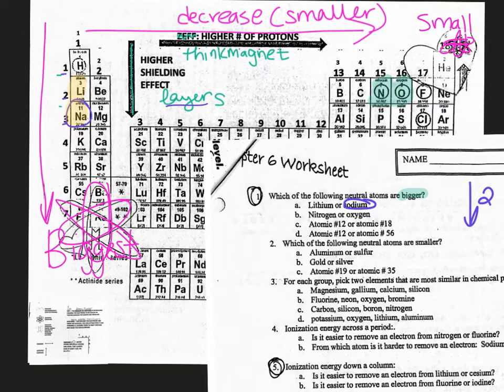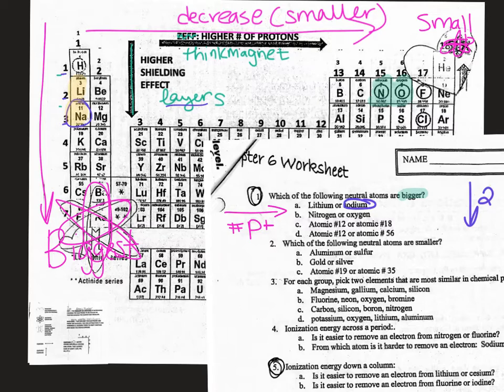These two, nitrogen and oxygen, are talking about the trend that is going across the periodic table, okay? So, since they're going across, we're thinking about number of protons, okay? Think about the magnet idea. So a bigger magnet versus a smaller magnet, right?